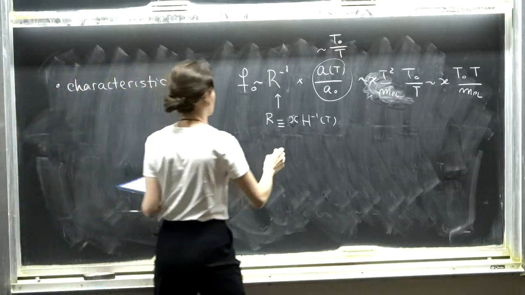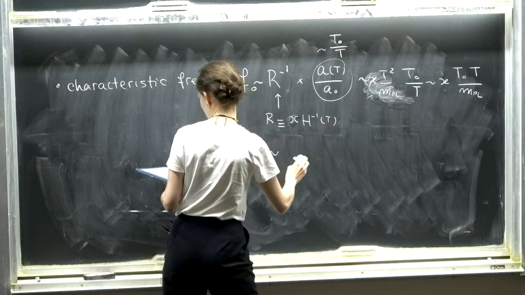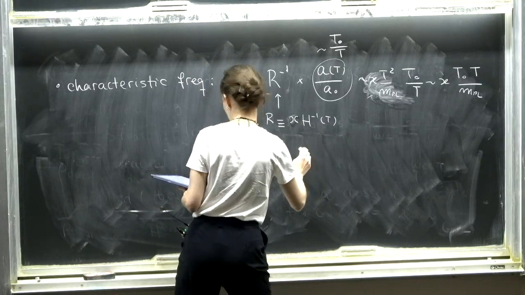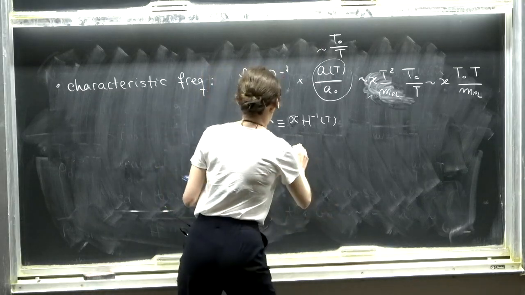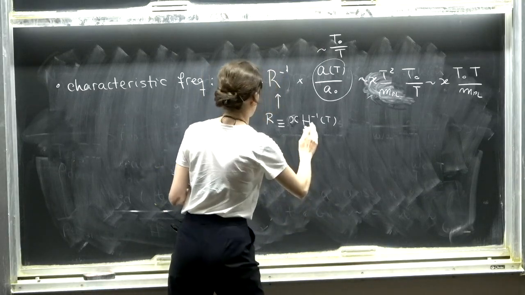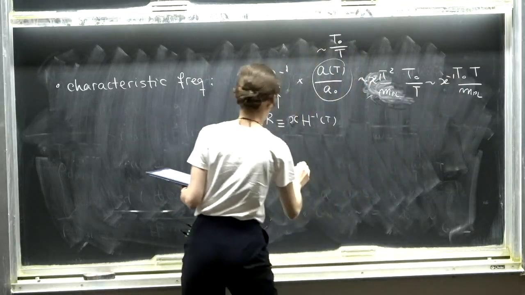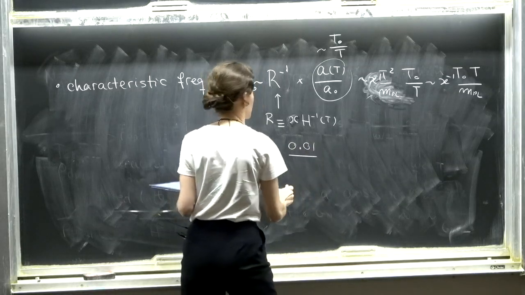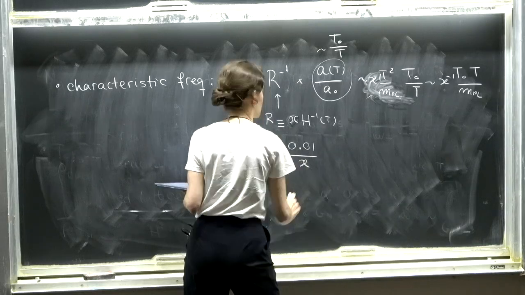So let's normalize this to temperatures for the electroweak scale. Yeah, this is also x to the minus 1. Sorry. Let's say the size of the bubbles at the time of collision is, say, 1% of the Hubble radius.